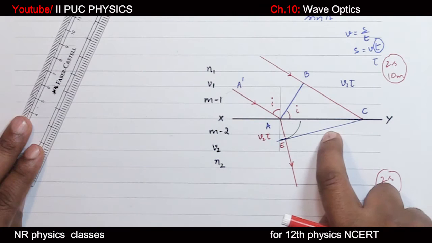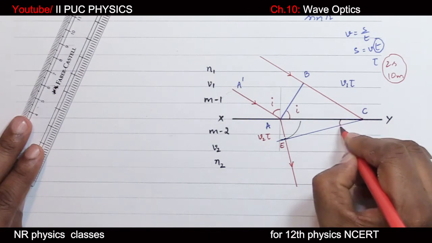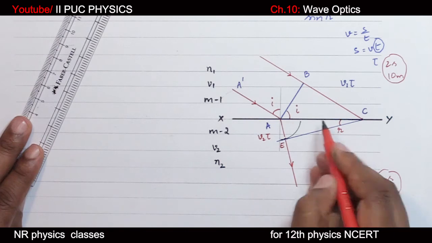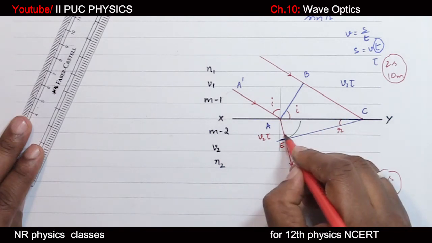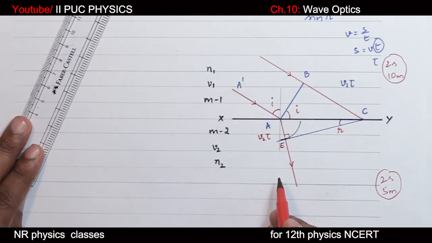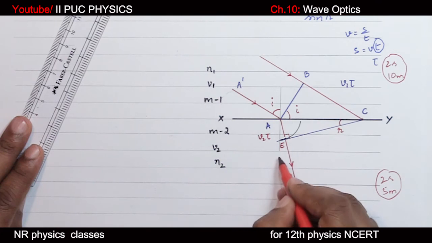Similarly, refracted wavefront. Therefore, this angle is R, the angle of refraction. If this is R, this angle is 90 degrees. Then this is 90 minus R. If this is 90 minus r, then this angle is r.